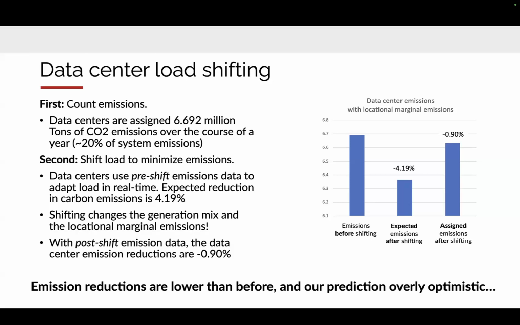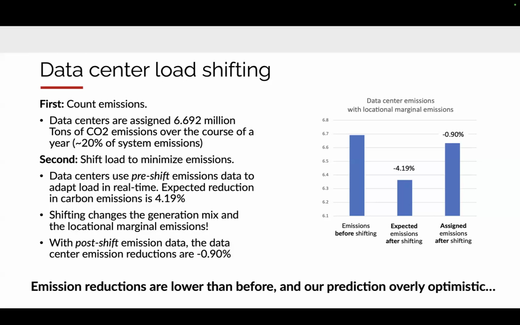In reality, since locational marginal emissions is a sensitivity value, it is more sensitive to shifts that happen due to changes in the generation mix. And so if I look at the post-shift emission data, it turns out that the shifts that happen with the data centers only reduced emissions by 0.9%.